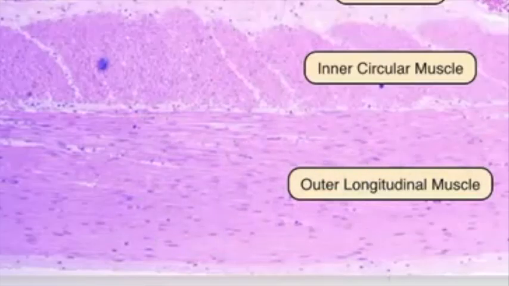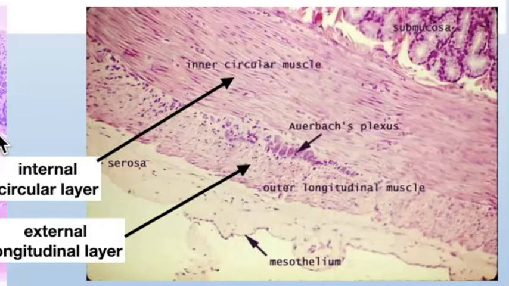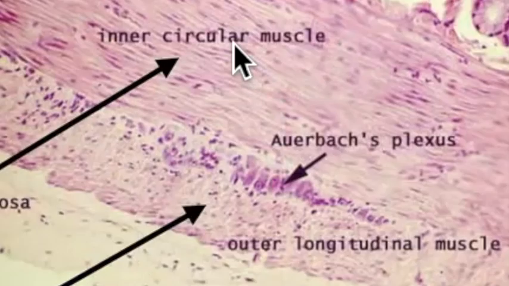In the histology picture on the right, this is a cross section, and now the internal circular layer looks like the smooth muscle cells are being seen along their length, whereas the external longitudinal layer looks as though it was cut in cross section.